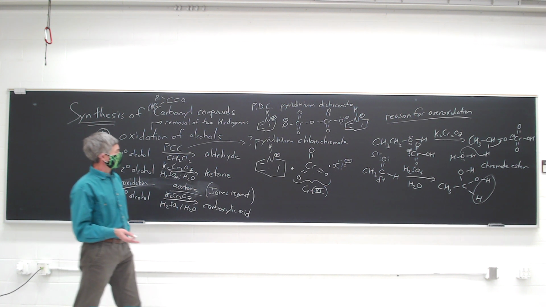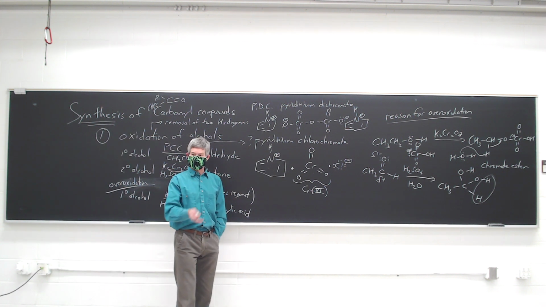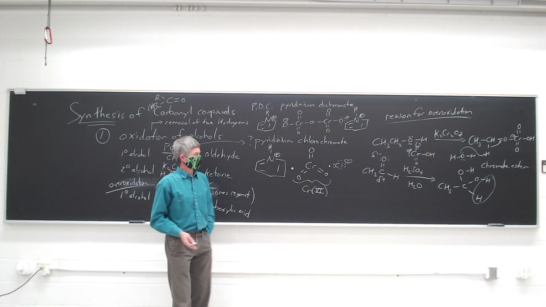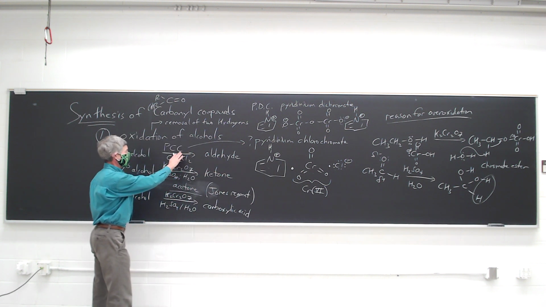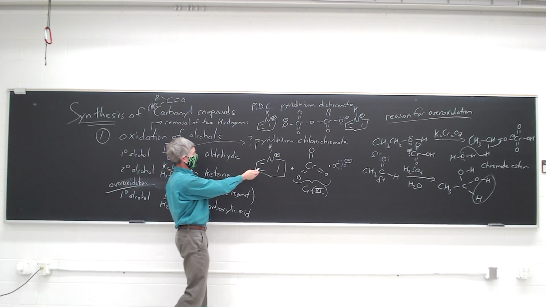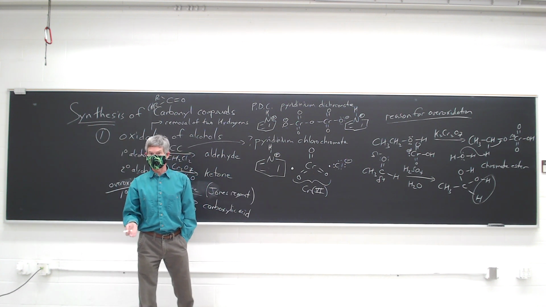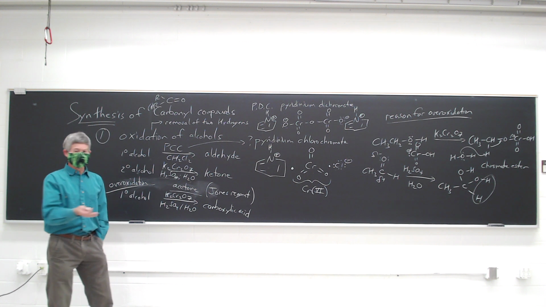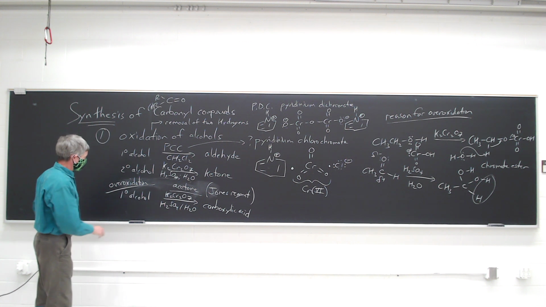And the way to suppress hydrate formation is to not have acid and not have water, right? Which is why we went to a non-aqueous system. And then we had to change the counterion from potassium to pyridinium to make it soluble. And then we eliminated the water so we don't get that nucleophilic attack.